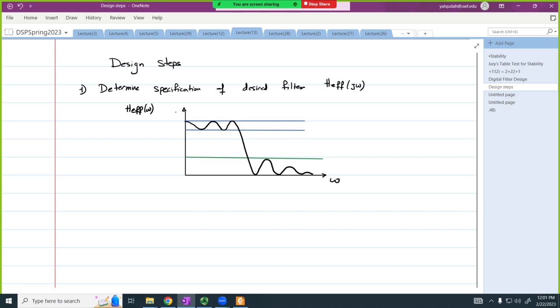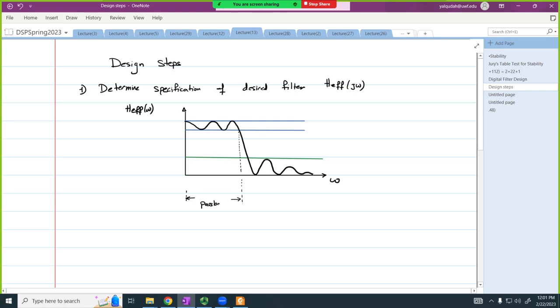What do we call this band? Pass band. Excellent. So this band here we call the pass band.